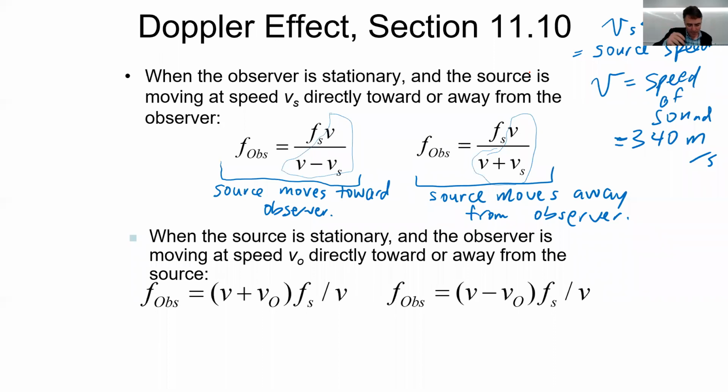It's a little less common, and you get slightly different equations here. Once again, V is now in the numerator: V plus VO divided by V, this is when the observer moves toward the source.